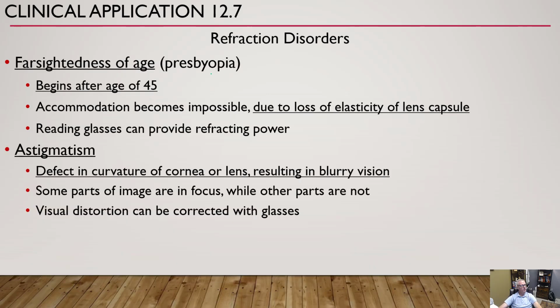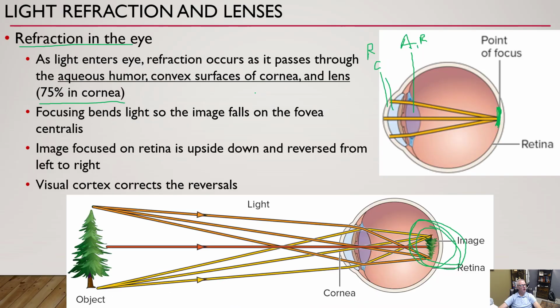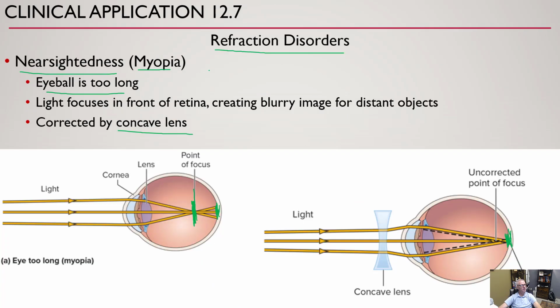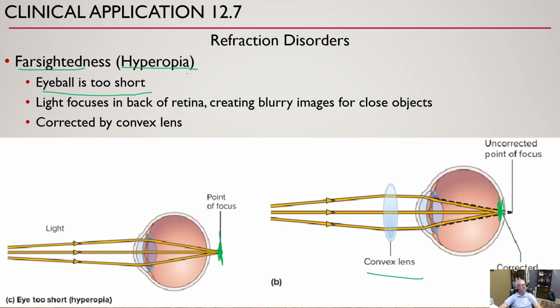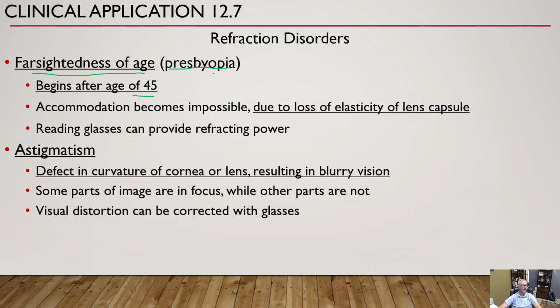Now we also have this thing called presbyopia, which is actually farsightedness at the age sometime after 45. And I will say, nearsightedness, you can see things near but not far. Farsightedness, you can see things far but not near. Presbyopia, typically you're only going to see that after the age of 45.